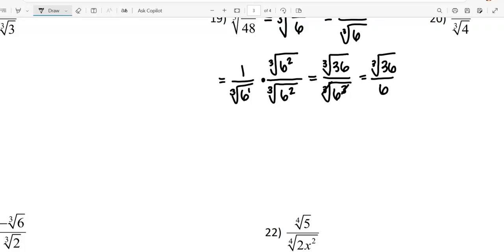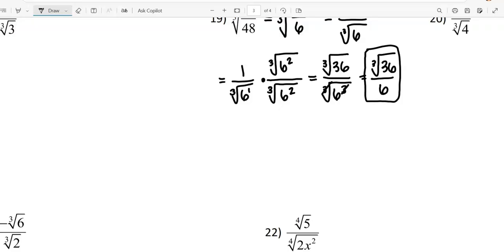So if you're confused about what to multiply by to rationalize, just multiply by something that's going to make it a cube. Is there a perfect cube factor of 36? Our perfect cubes are 1, 8, 27. Nope, we're good. Questions on that one? A little bit different than the way that we showed it yesterday, but I thought it would be helpful.